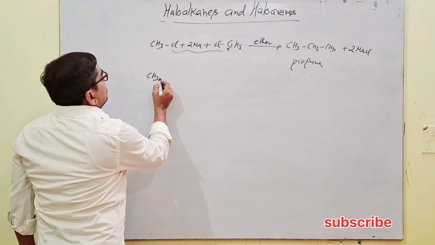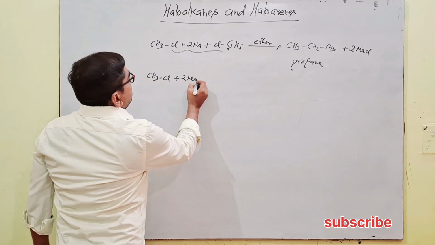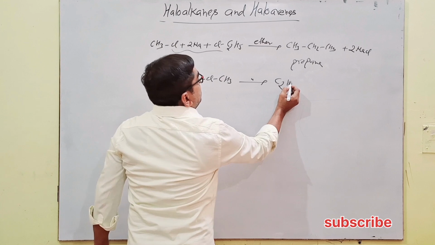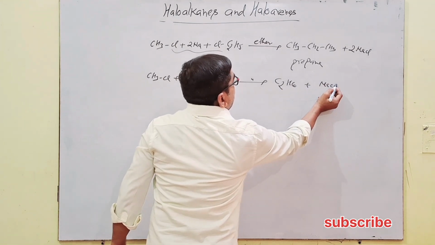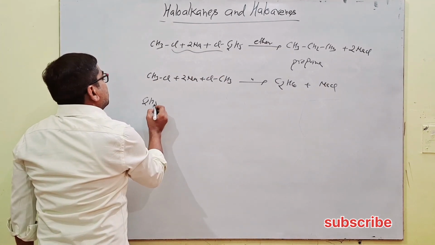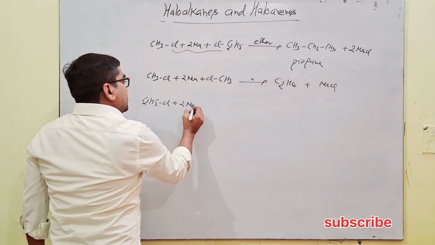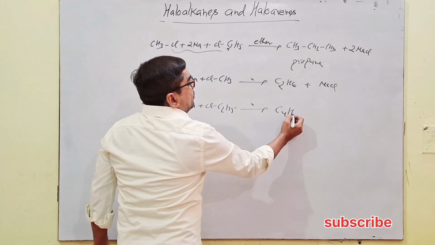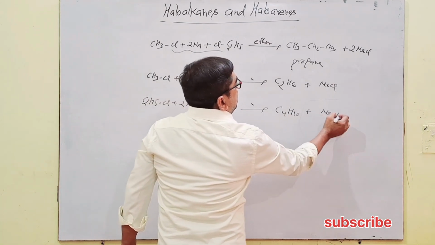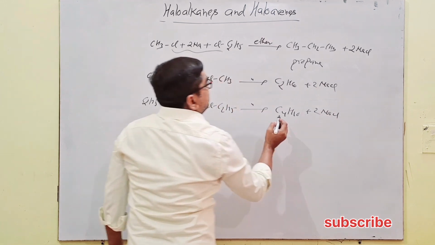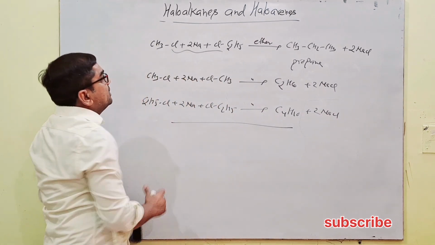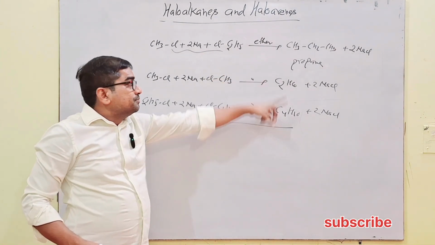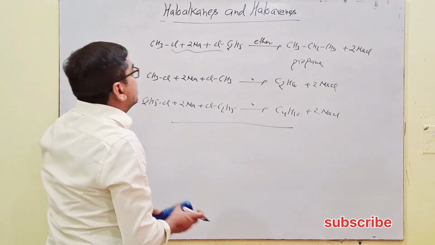CH3Cl also reacts with sodium metal in the same ether medium and gives C2H6, and C2H5Cl also reacts in this mixture and gives C4H10. So a mixture of products is obtained when two different alkyl halides undergo Wurtz reaction.